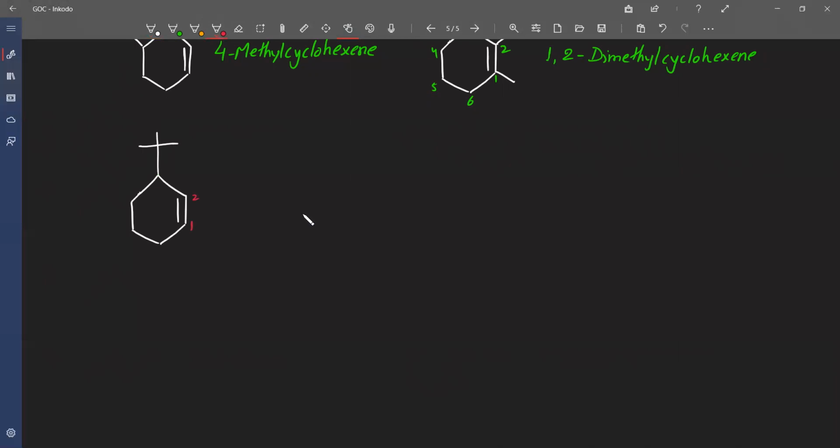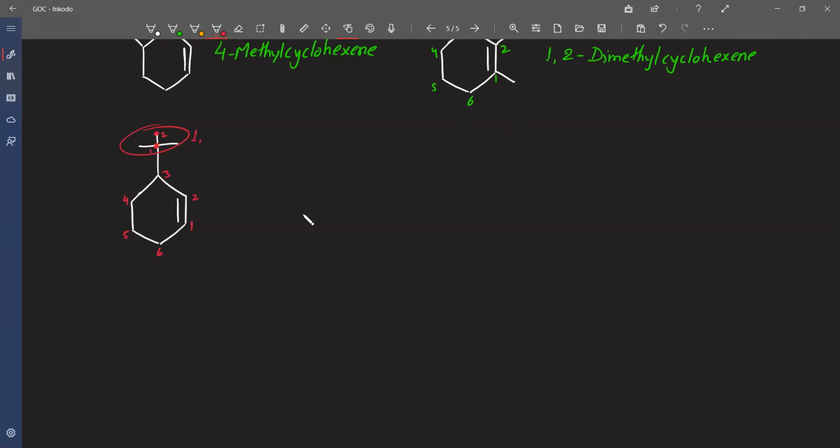First of all, you will have to go systematically. You can do it, but still, first number this. Then you see that this is a complex substituent. This is position 1 and this is position 2. So first you name this complex group here itself.